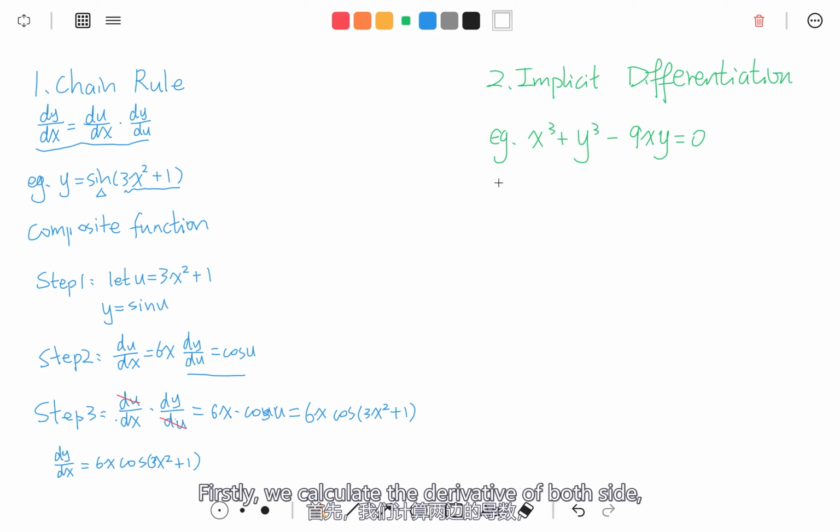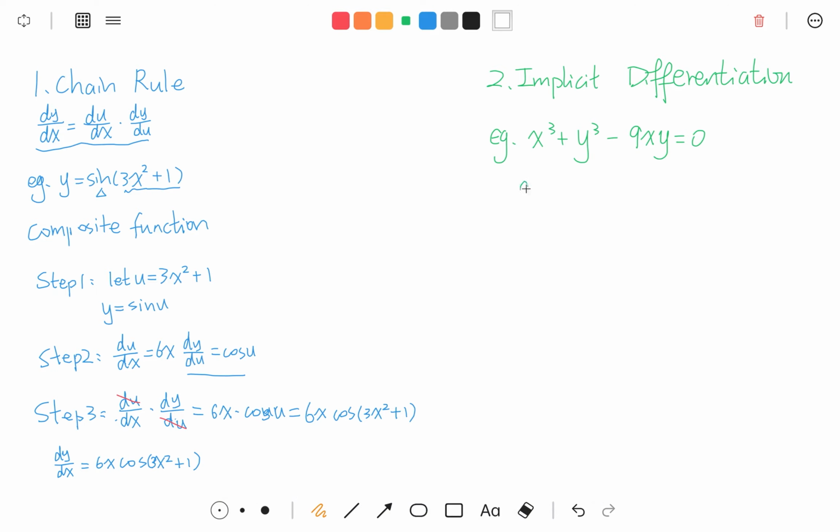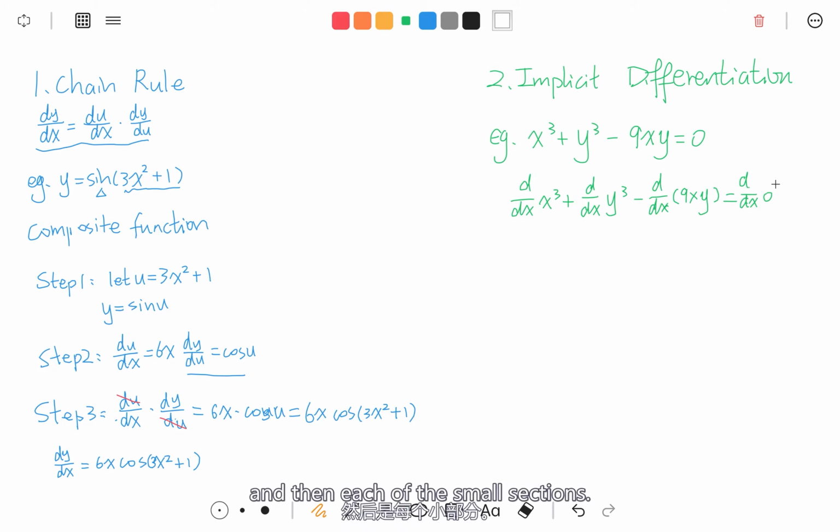Firstly, we calculate the derivative of both sides, and then each of the small sections.